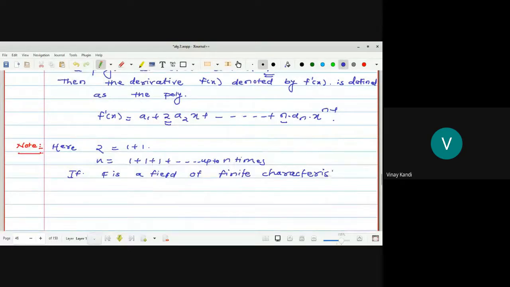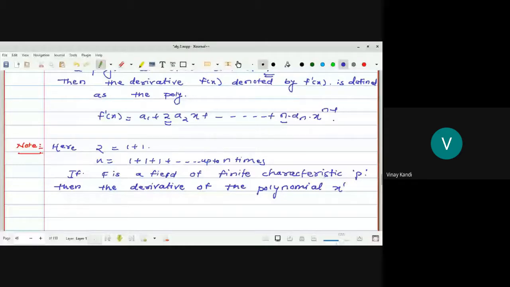suppose the characteristic of that field is p, then the derivative of the polynomial x raised to p is equal to p into x raised to p minus 1.